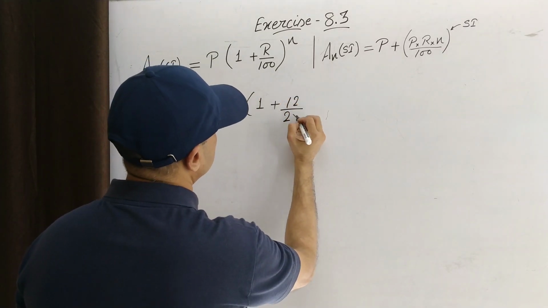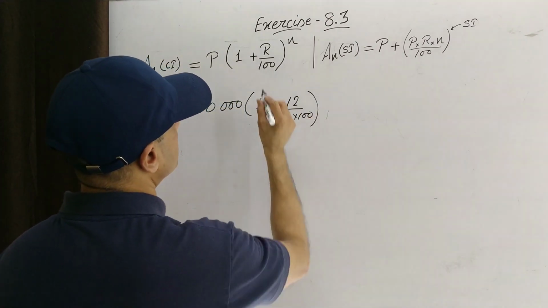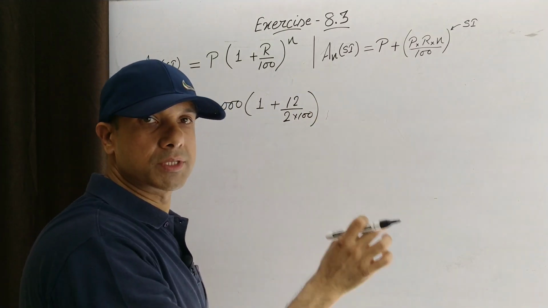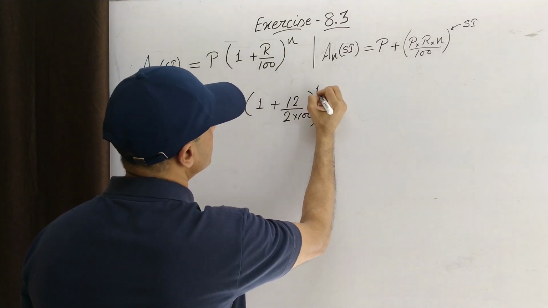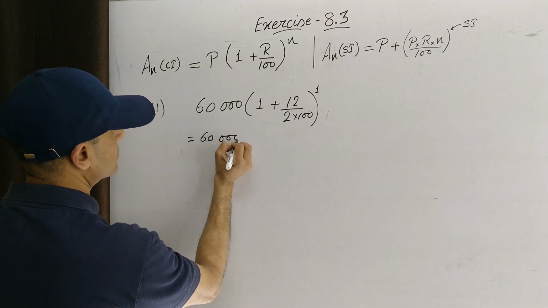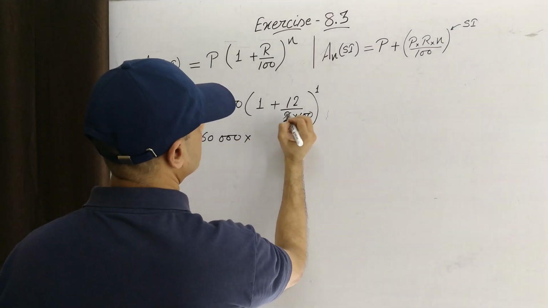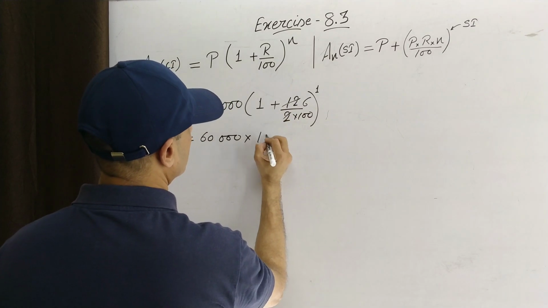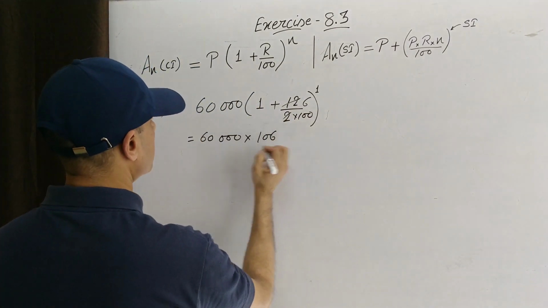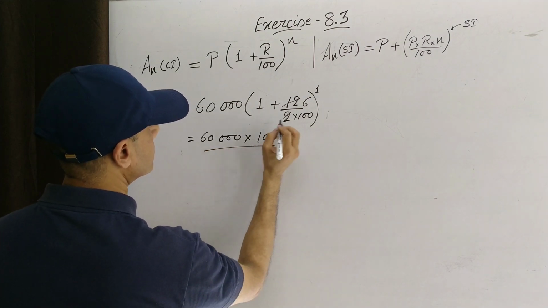And this is for a duration of 6 months. Compounded half yearly, 6 months is equal to half a year. So in this case, n will be 1. So we get the values as 60,000 into 106 divided by 100.